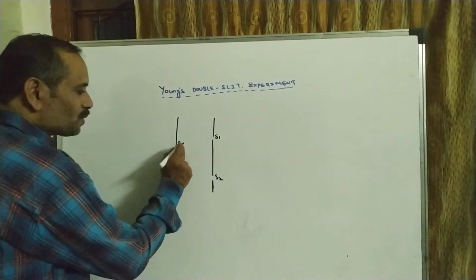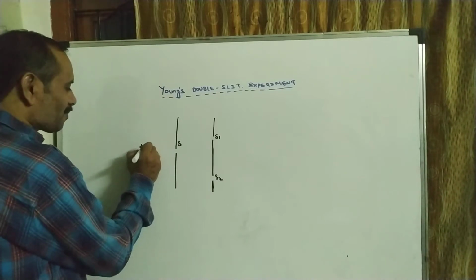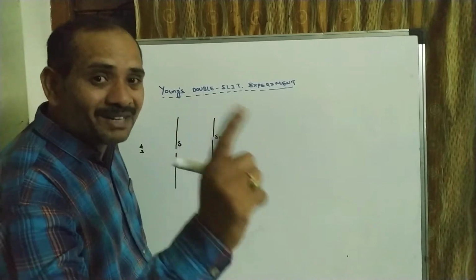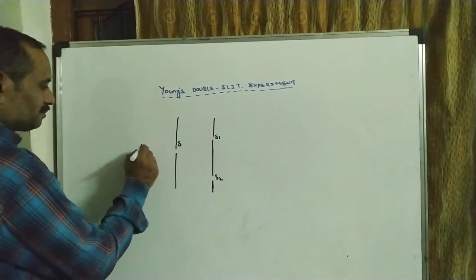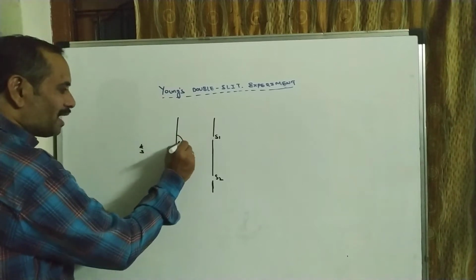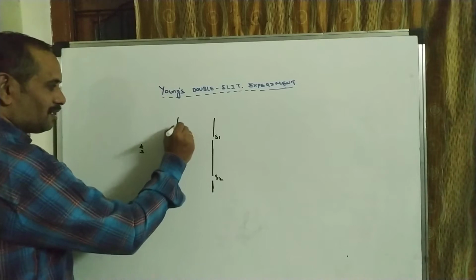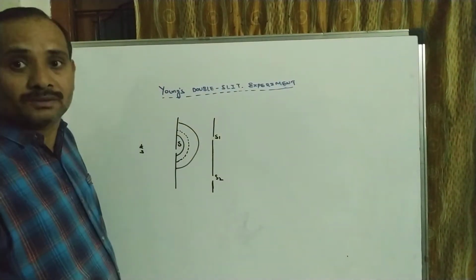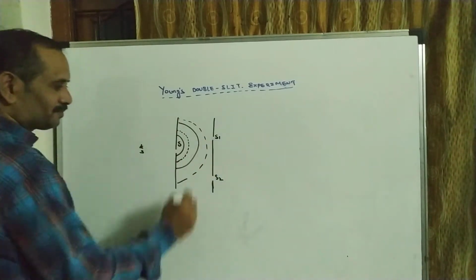This pinhole is exposed to sunlight. Previously he did the experiment with sunlight; how we modified that I will discuss with you. Sunlight comes from the source in the form of waves, crests and troughs, like this.